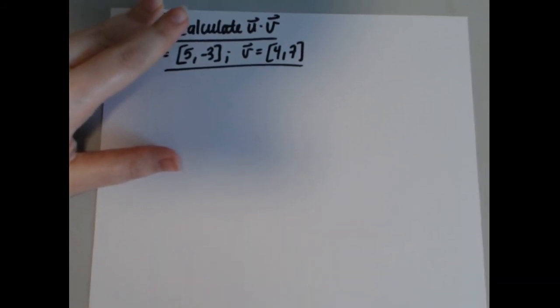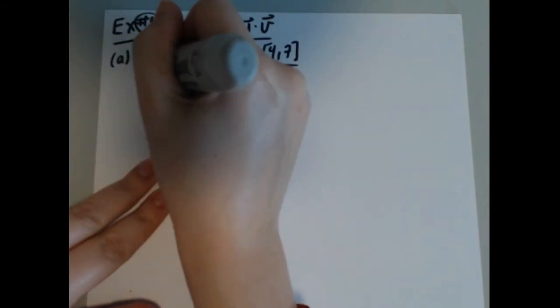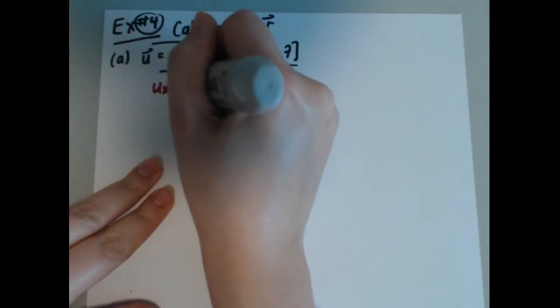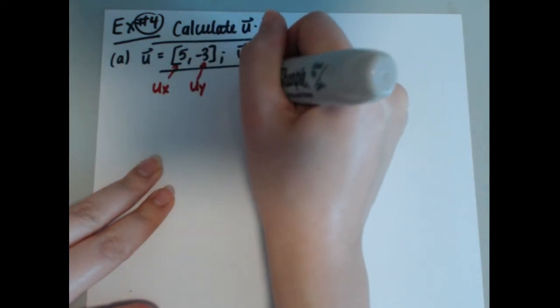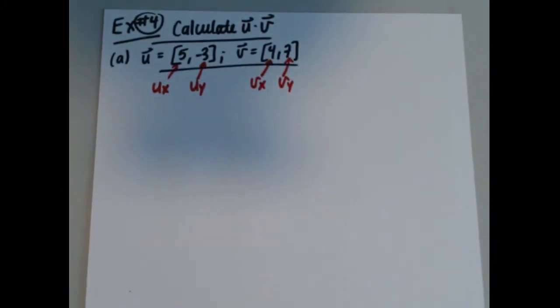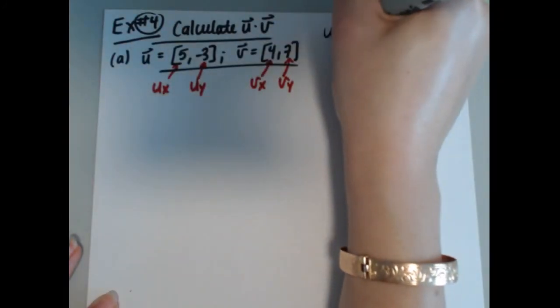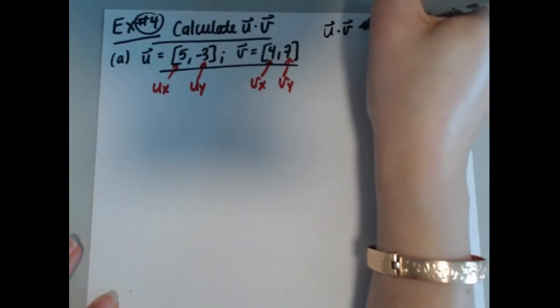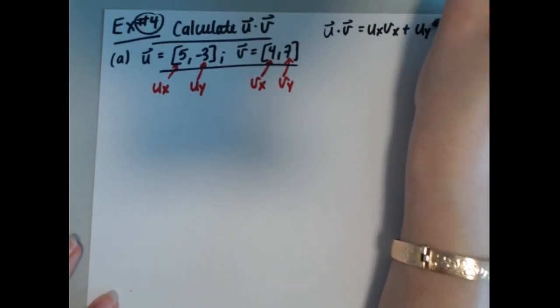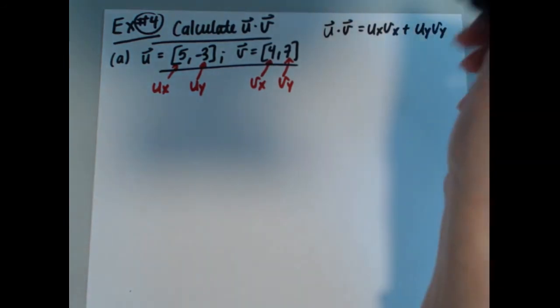So here, I got to identify my x and y components. Here I've got 5, that's ux, negative 3, that's uy, 4, that's vx, and 7, that's vy. All right, so u dot v is going to be ux times vx plus uy times vy. That's it.